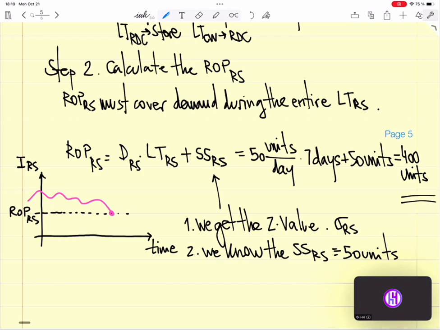Then you reorder, because this is for covering potential stockouts before you go down to 0. You will get a new order and then you will be up. Okay? Is that cool? Any questions?